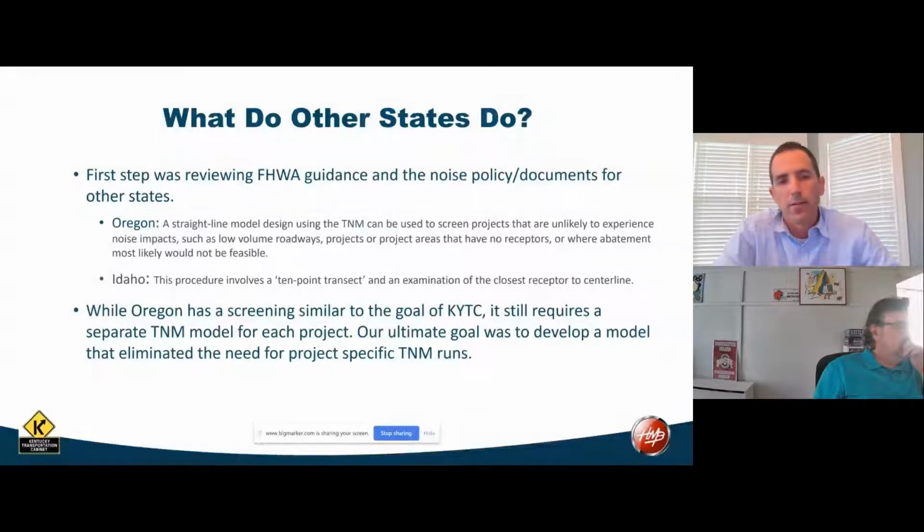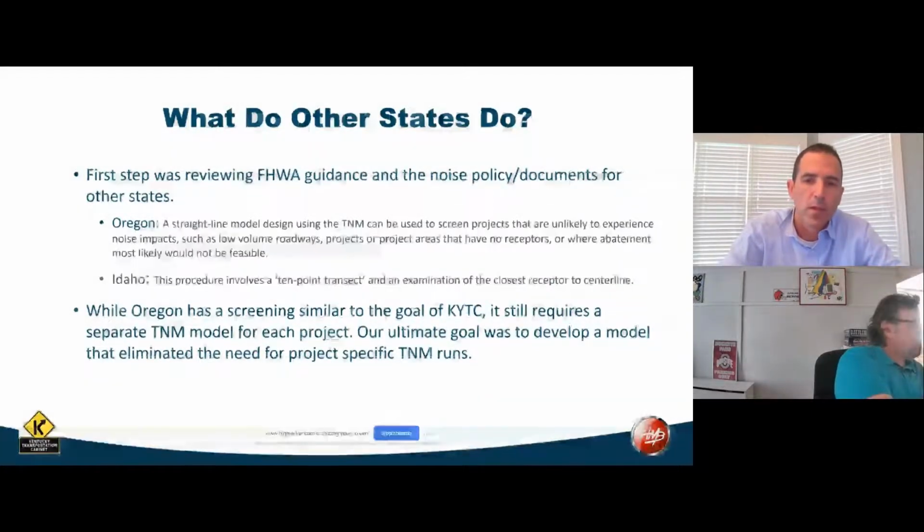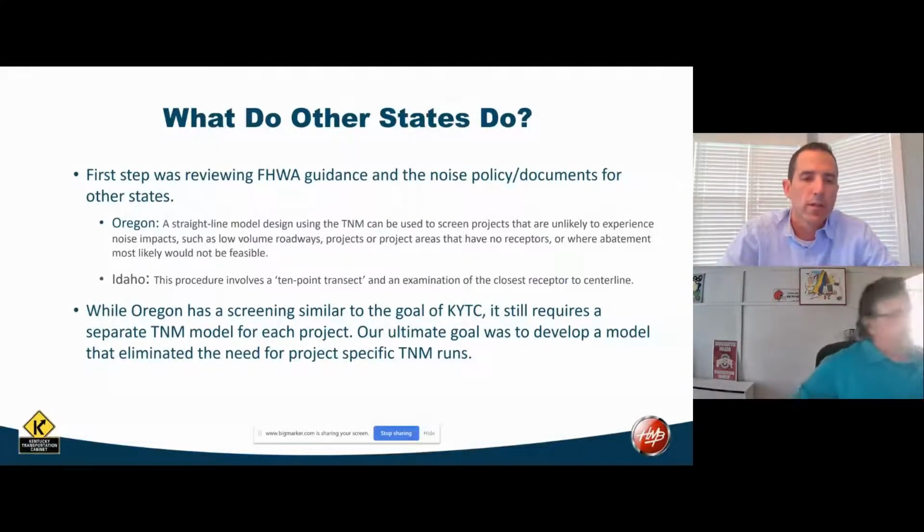Oregon had the one that was the most similar to ours. They had a straight line model that used TNM to screen projects, just like what we're talking about, to try to find which ones are unlikely to experience noise impacts. That was along the lines of what we wanted. Idaho had another one. Theirs was a little bit different than what we were going for.